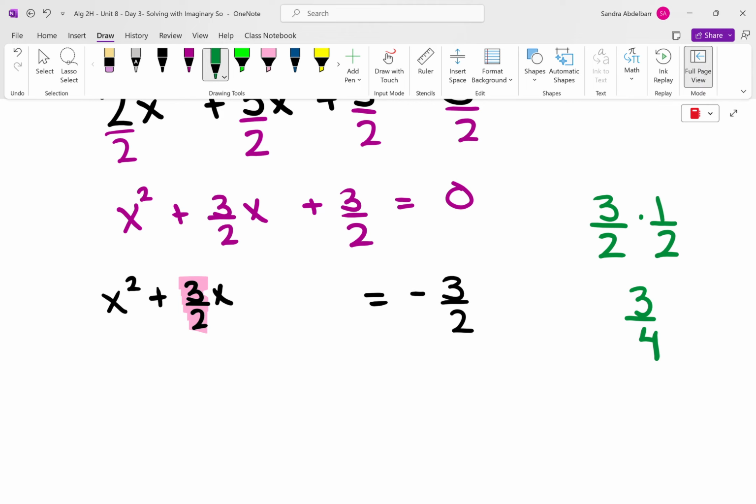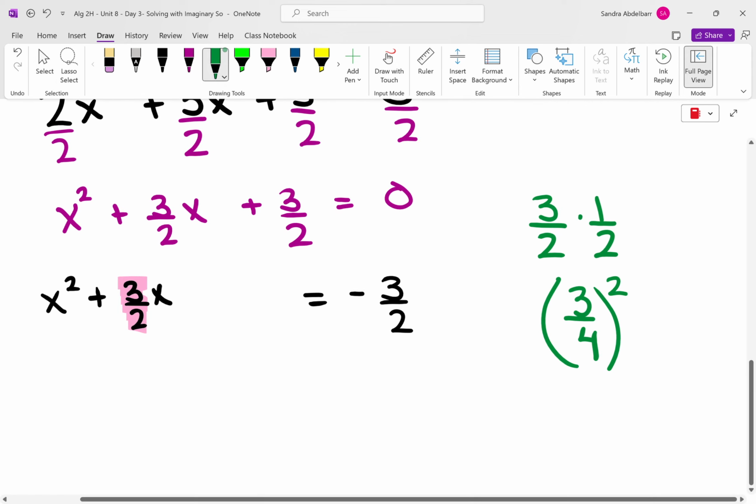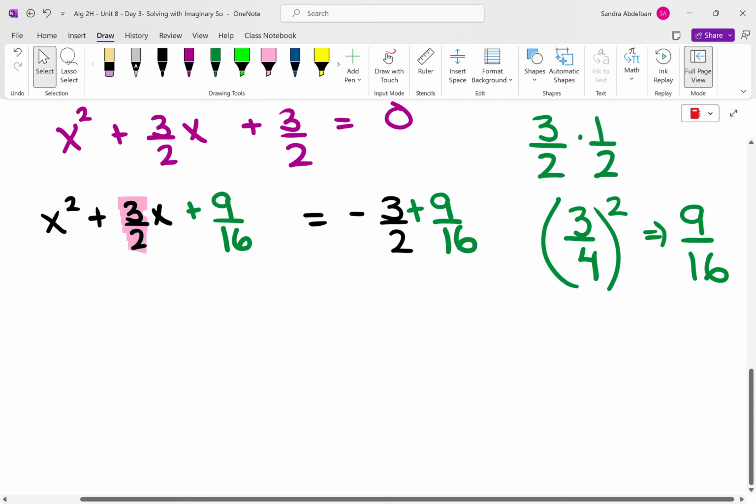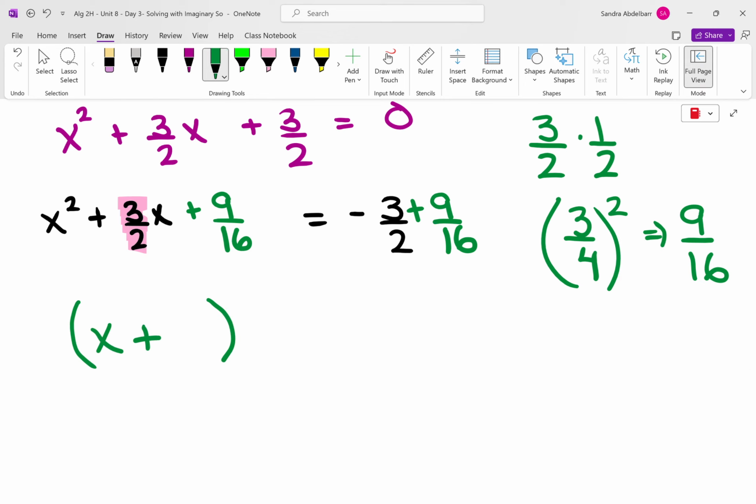Then what do you do with that after you take half of it? You square it. So now we're going to take 3/4 and square it, and we are going to get 9/16. I'm going to add 9/16 to the left side, and I'm going to add 9/16 to the right side. On the left side, this is going to be a perfect square trinomial, so I'm going to make this x plus, and then essentially all you're doing is taking the square root of that last number.